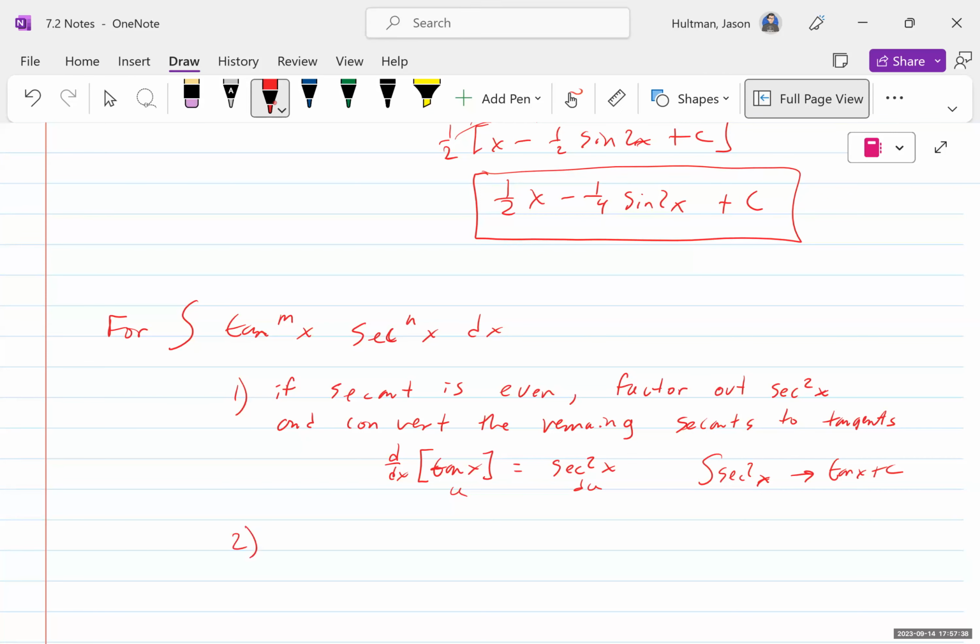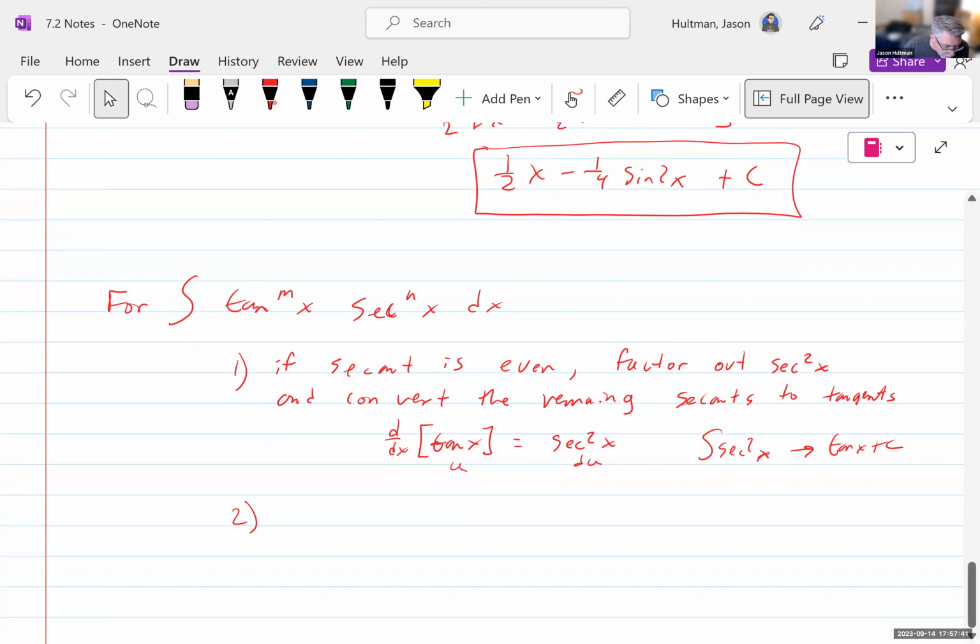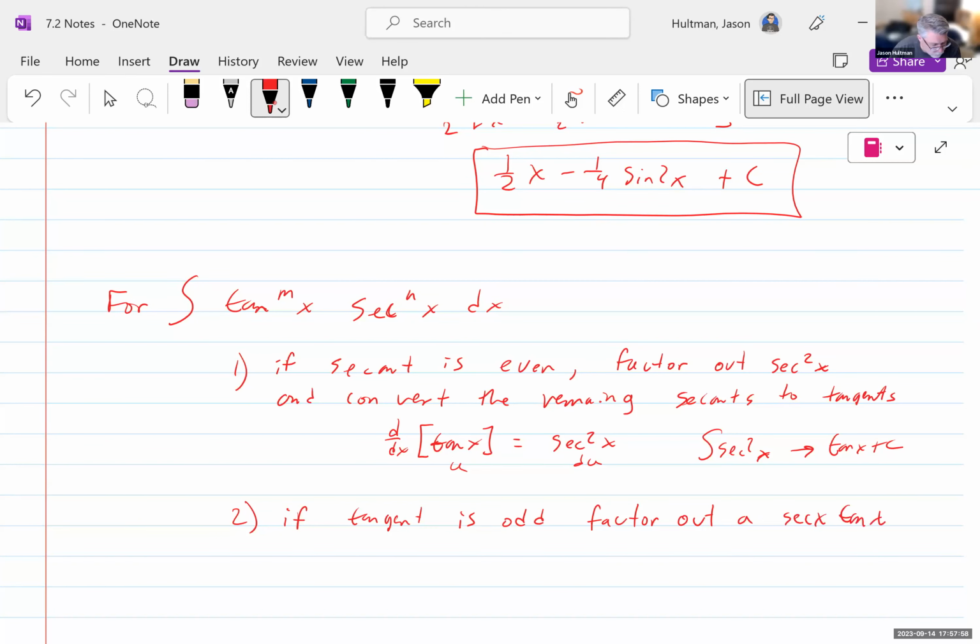Okay. Number two, if tangent is odd, factor out a secant x tangent x, and convert the remaining tangents to secants.